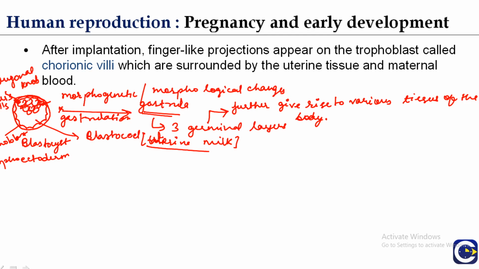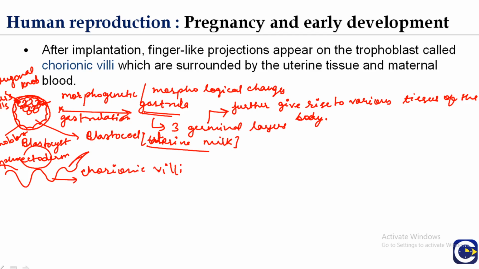Now the implantation has already been done, and the process of implantation is done by means of the projection of some finger-like structures. You can see the same structure here. These are the finger-like projections which appear on the trophoblast, and they are known as the chorionic villi.